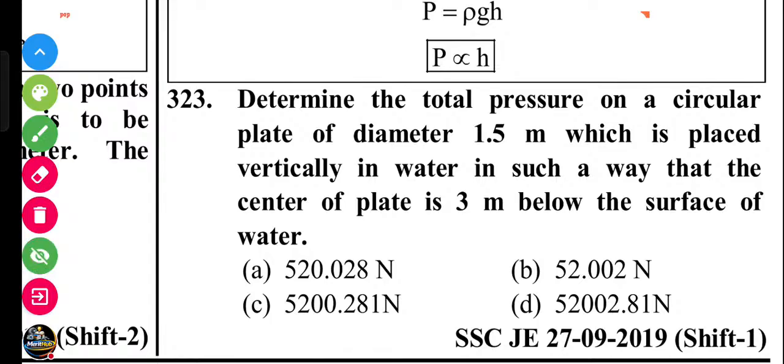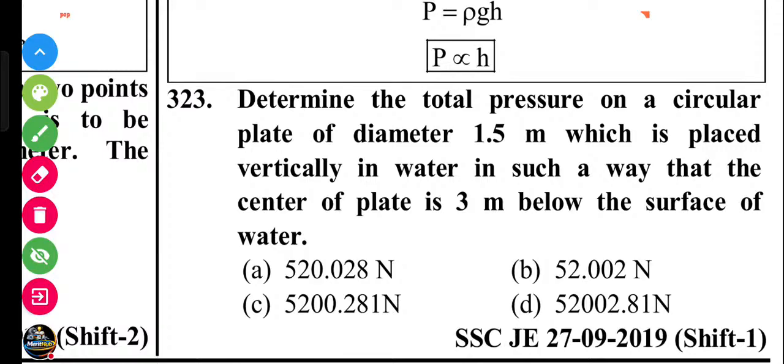Next question, friends. Determine the total pressure on a circular plate of diameter 1.5 meter, which is placed vertically in the water in such a way that the center of the plate is 3 meter below the surface of the water.